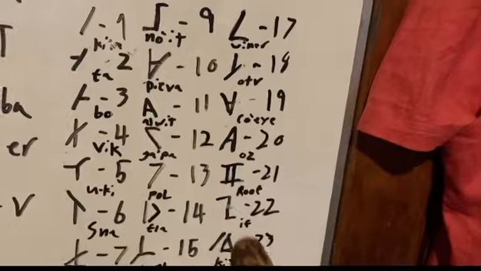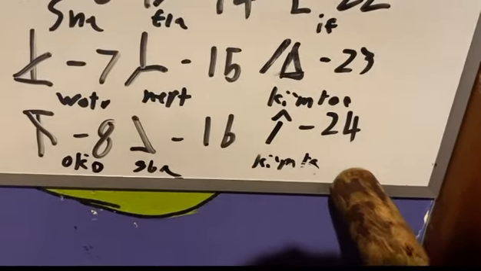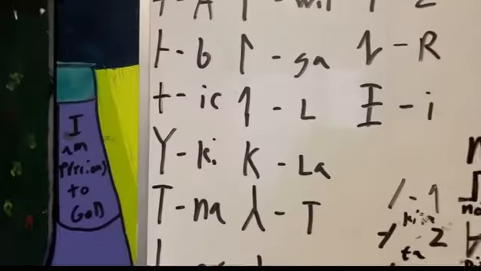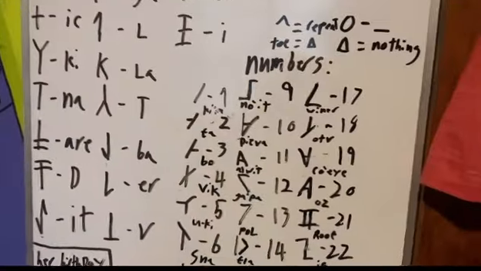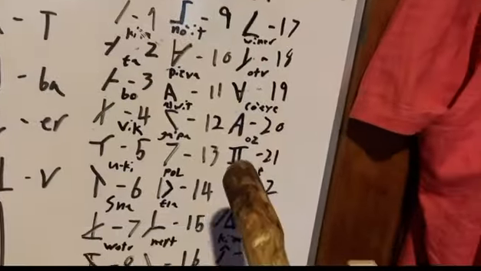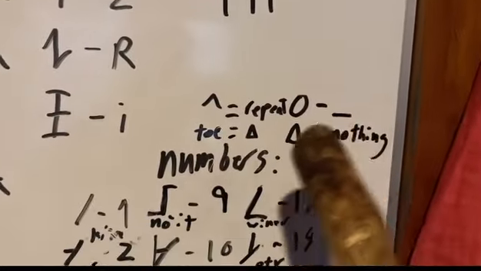But when it's to numbers, often they say ta, because that's what it means. So this 24 is kaim ta, and then 25 would be kaim fa, and then kaim bo. So that's how the numbers work, and that's how this works.